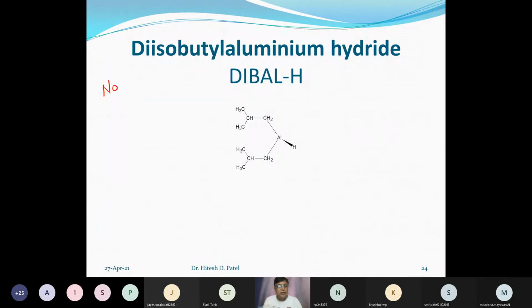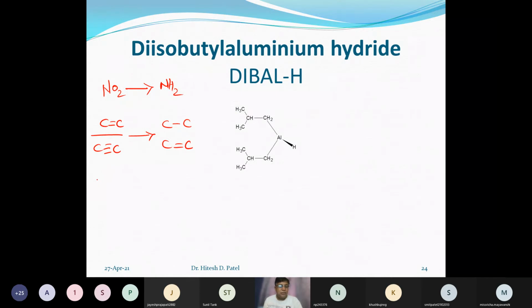Suppose if you are having a nitro group, by reduction we can convert it into NH2. If you are having C double bond C or C triple bond C, by reduction we can convert it into alkane or alkene. It depends on which reagent we are using.